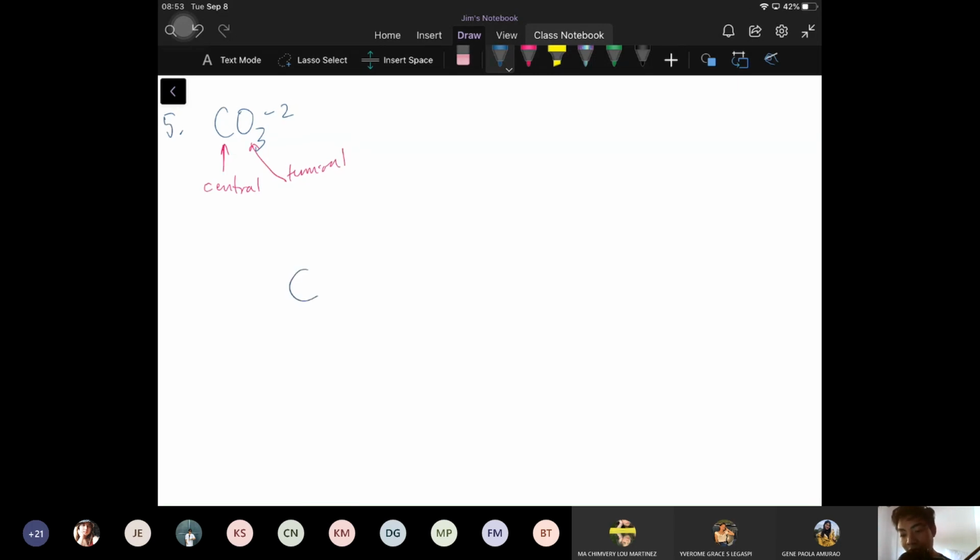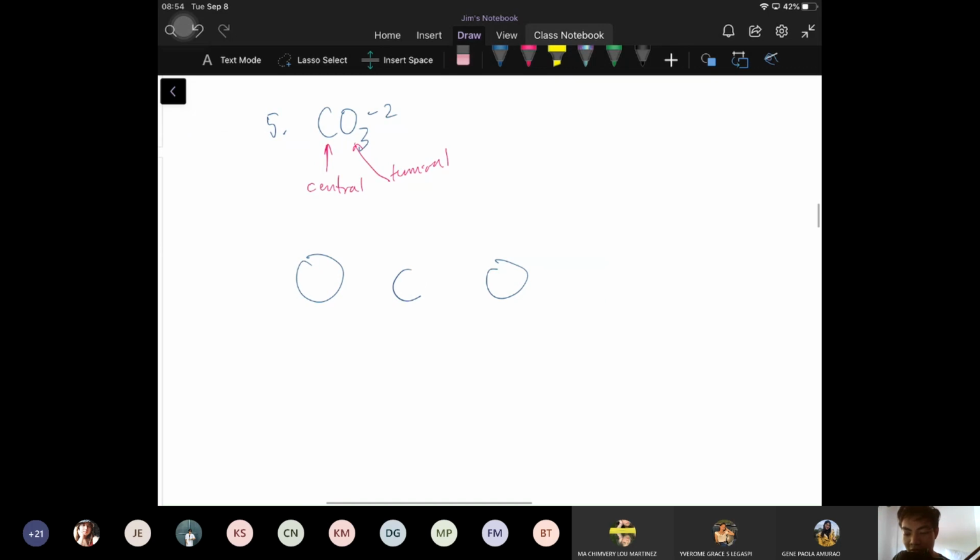Again, when placing your terminal atoms, it should be placed around the central atom. Nakapalibot dapat, no? Huwag nyo gagawin yung ganyan. Huwag din yung ganito. Huwag din yung ganyan, ha?